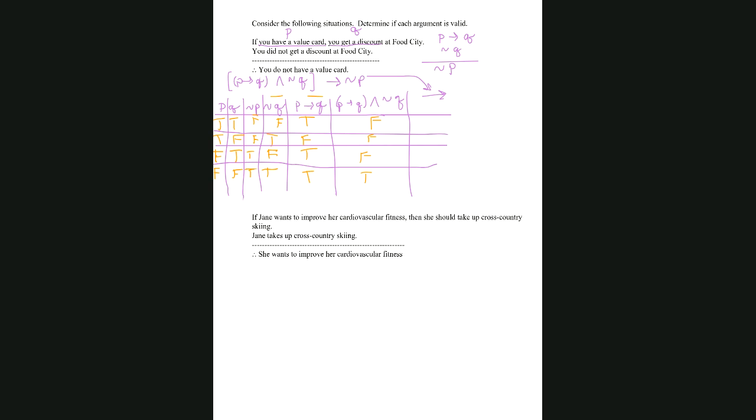Now what I'm going to do is look at if this column, then not P. So I need to look at this column and compare it with this column. So if this is false and this is true, then it's false. Okay? So false, false, that means it's true.